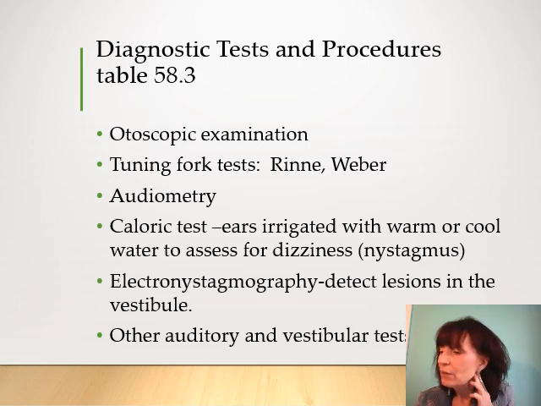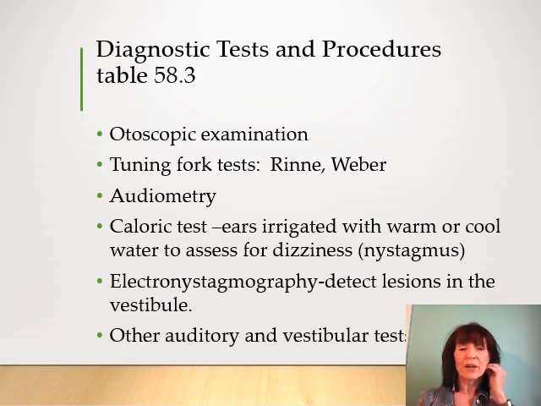Back here, right behind the ear. If the vibration is conducted through the bone, the patient can hear a humming sound. When the sound is no longer heard, move the fork so that the tines are near but not touching the ear canal. So you'll take it from here and move it more towards the ear. Ask the patient if he or she can hear the sound, and if so, report when the sound disappears.